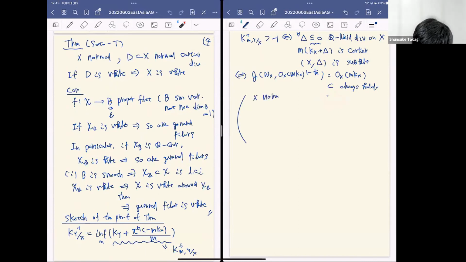My X is normal, and my A is a fractional ideal. We take a log resolution such that the image of A is invertible.